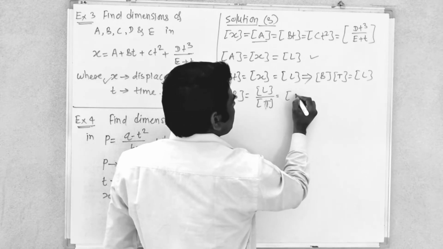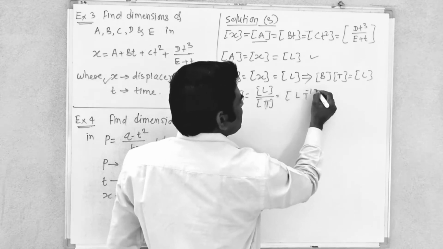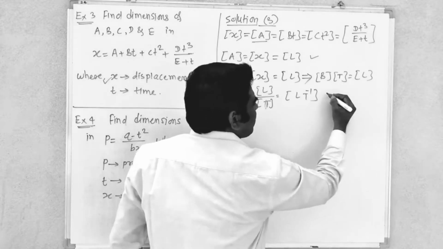So this is equal to L T to the power minus 1. So this is the dimension of B.